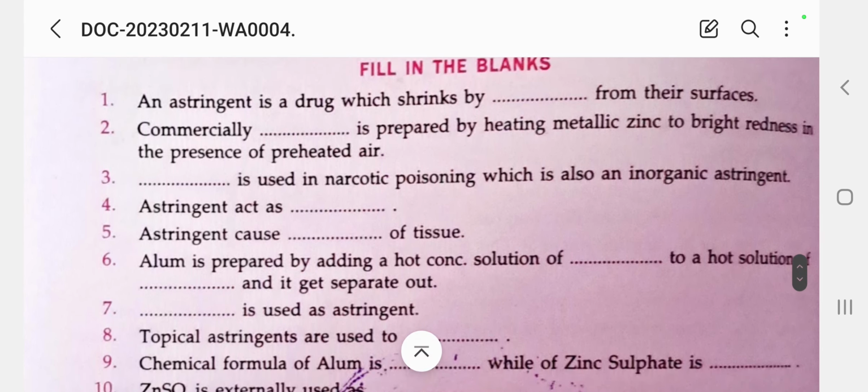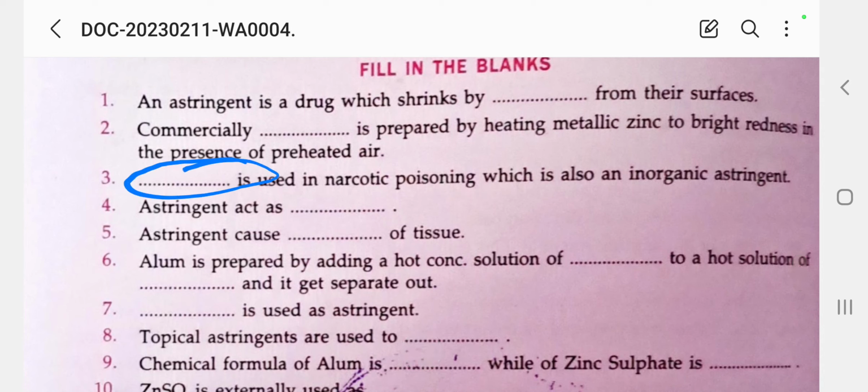Obviously zinc sulfate, because zinc sulfate acts as an emetic and astringent. Emetic means it induces emesis, so in narcotic poisoning zinc sulfate is used to cure the poisoning.